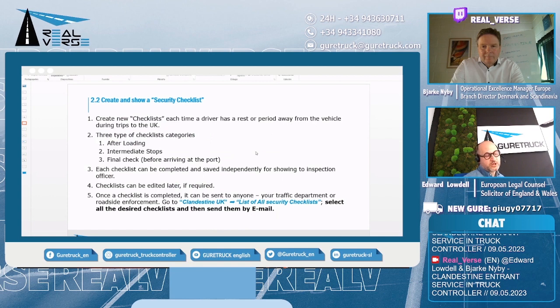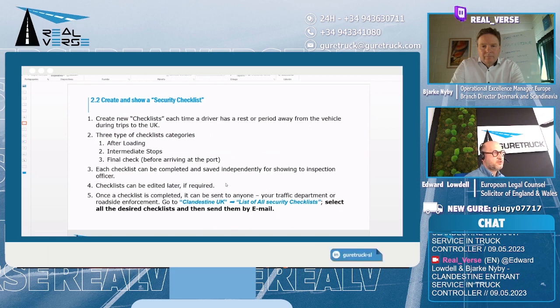Because the company, the driver, the vehicle details, even your location potentially can come from the GPS, and the date and the time, the app will extract this information automatically. So this will be filled in automatically, and then you record the checks that the driver is making.